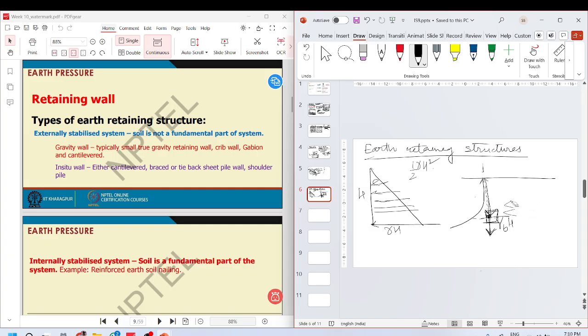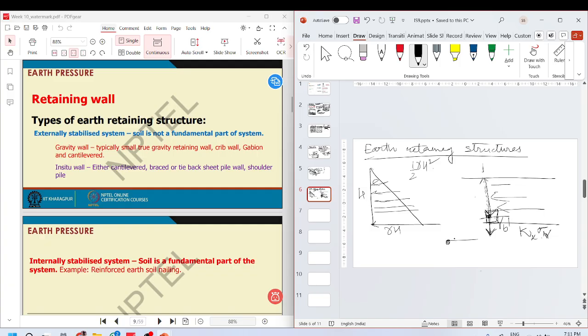So this always is, the horizontal stress is a portion of your vertical stress. It is not equal. It's not a one-is-to-one relation. So this is k times sigma vertical.